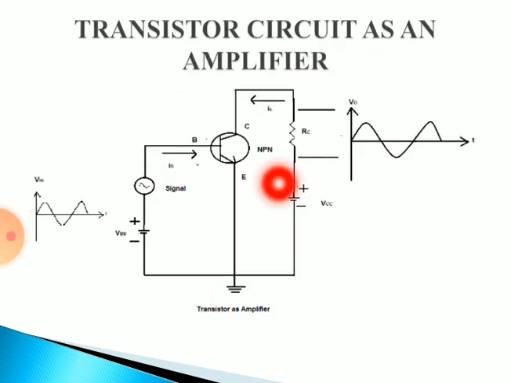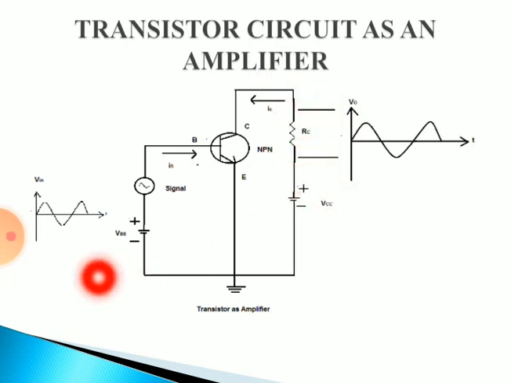The next is transistor circuit as an amplifier. So this is base emitter junction and this is collector base. So at base emitter you are applying the input and at collector emitter you are taking your output. So here you can see whatever the input you are applying, if it is having low resistance, the change in this voltage at your input side will give rise to high current in your collector current, and because of your high collector current, high voltage will occur across your resistance RC.